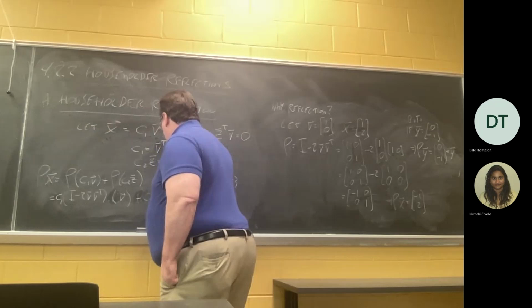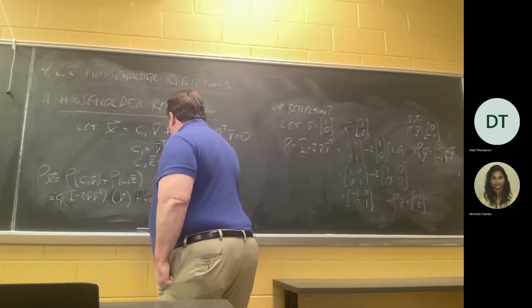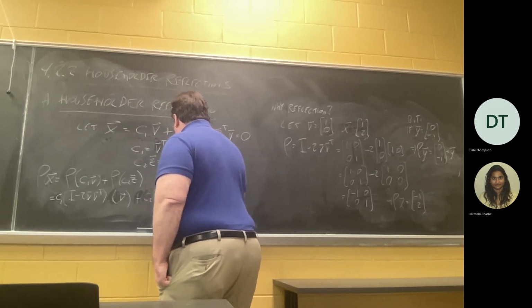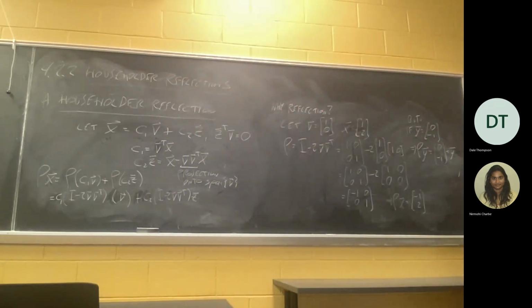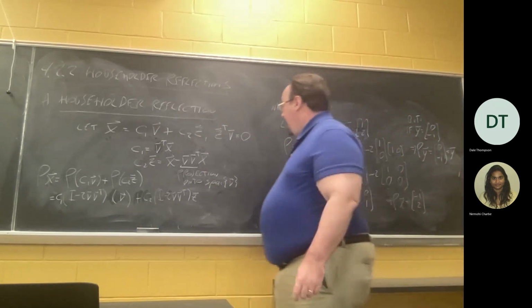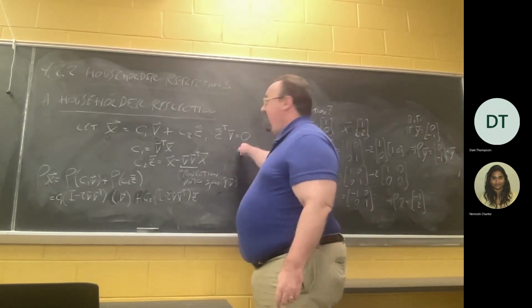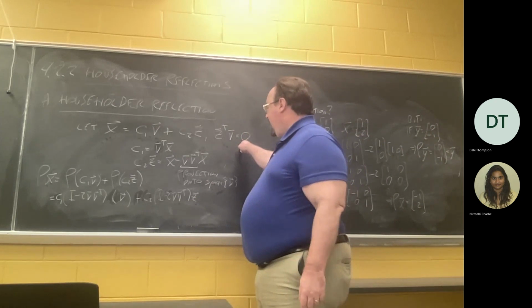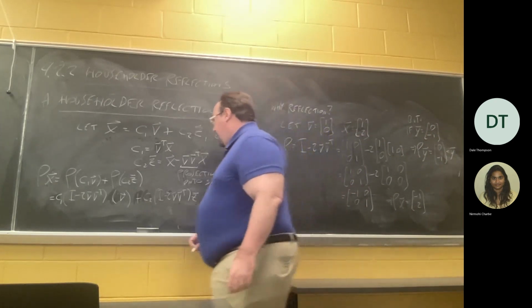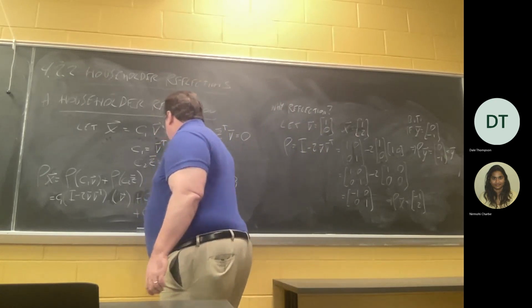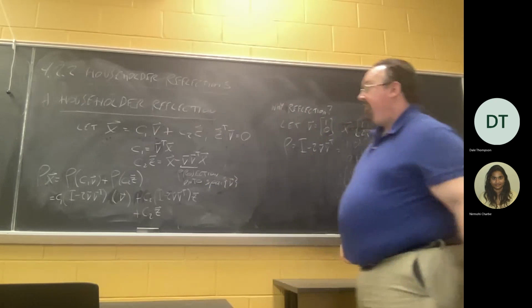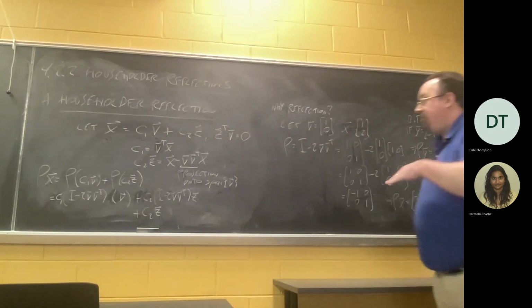C2 times identity minus 2 v v transpose z. v transpose z is 0. So the second term turned out to be C2 z. It's unchanged. So P doesn't touch that part.